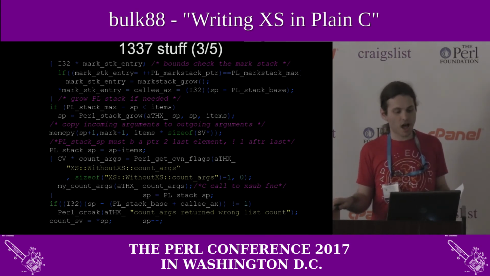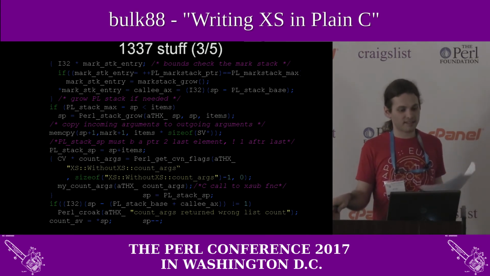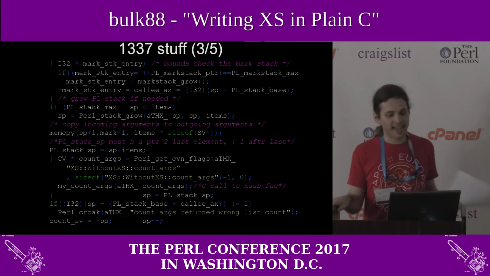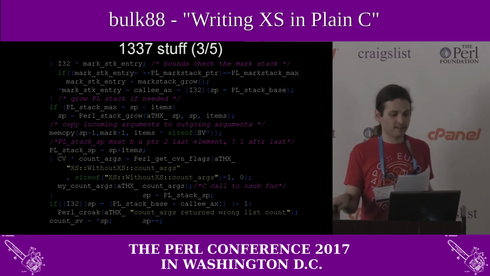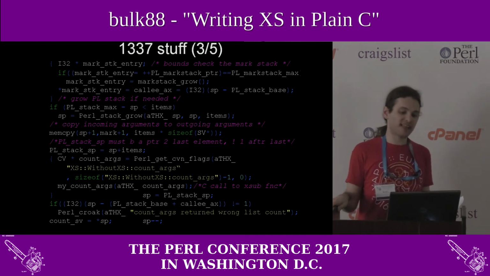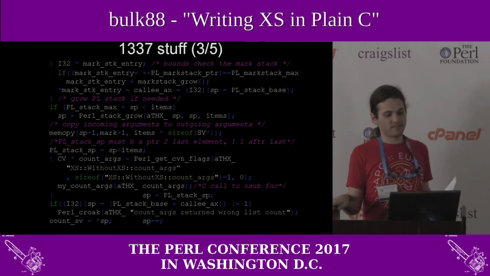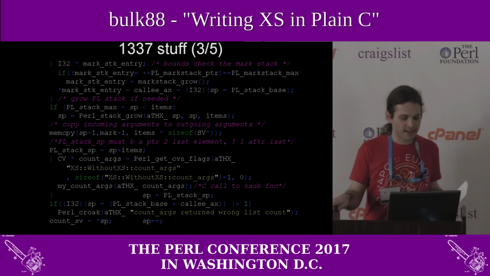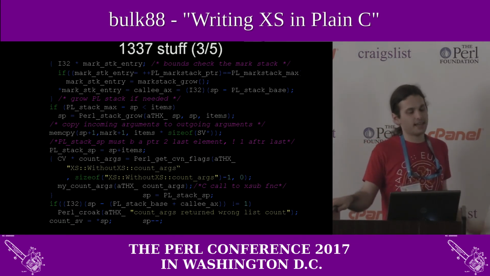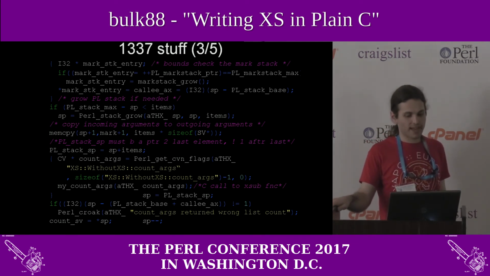So we do a memcpy, taking our incoming section of Perl stack, and we copy it to our outgoing section of Perl stack. We then advance the Perl stack pointer ahead to the start of the outgoing section of Perl stack. Now, in order to call an XSub, we have to get the CV pointer that's associated with that C symbol.